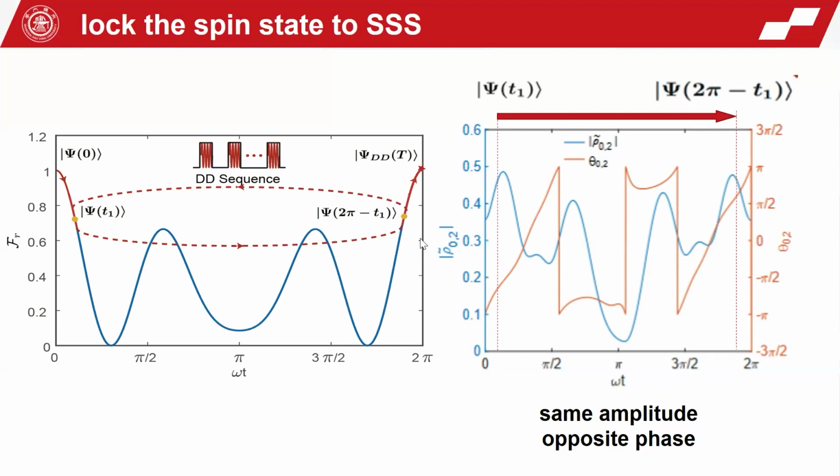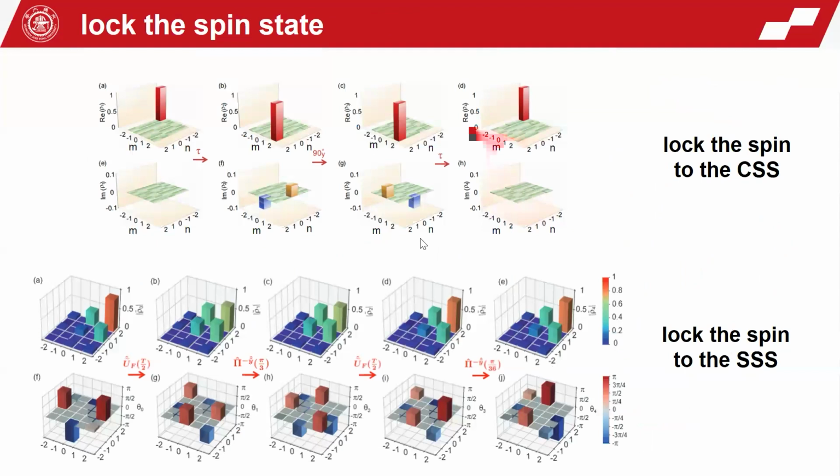So we just need to shift the phase of this term. This is the scheme for locking the coherent spin state. We only need to consider these two terms, and with 90-degree pulses in the y direction, these two terms can be flipped and evolve for the same time. It will just go back. That's how we lock the coherent spin state.